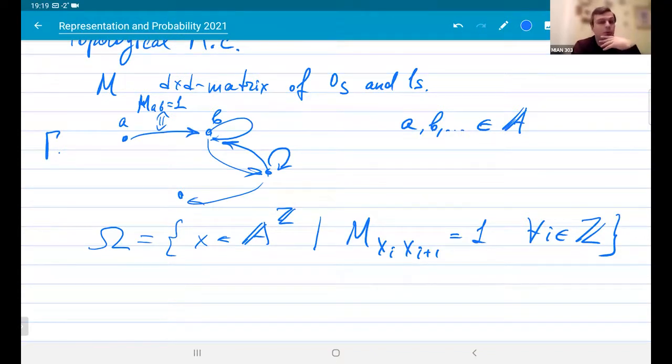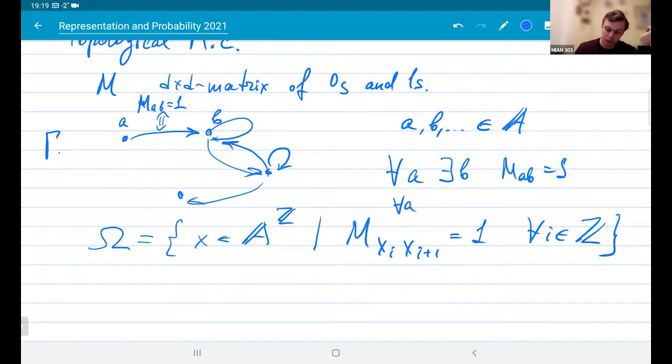Maybe I want to require the following: that from any vertex there is an arrow. So for any A there exists B such that M_AB equals 1, and for any A there exists B such that M_BA equals 1.